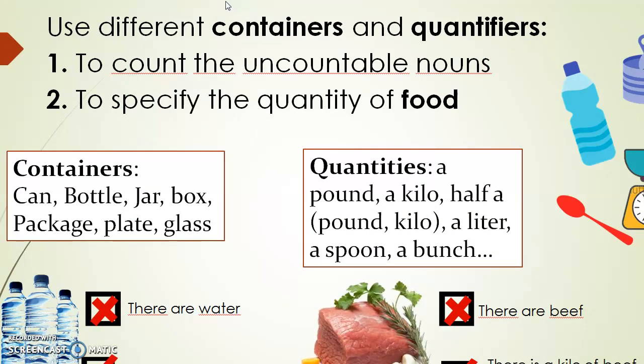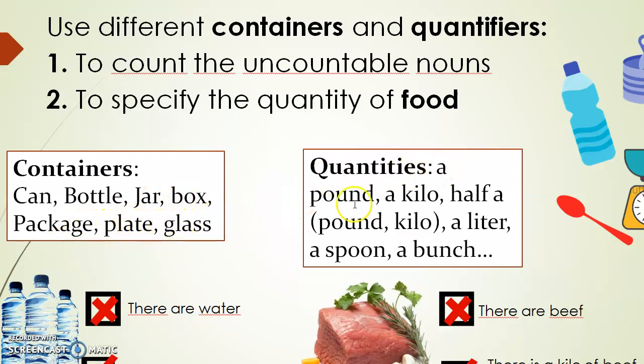There's another thing. You use different containers and quantifiers. Something that we have to keep in mind is how to count the uncountable nouns. You can use containers or quantities in order to count uncountable nouns, or if you want to be very specific with the quantity of food. For example, we have containers like can, lata, bottle, botella, jar, tarro, box, caja, package, paquete, plate, plato, glass, vaso.